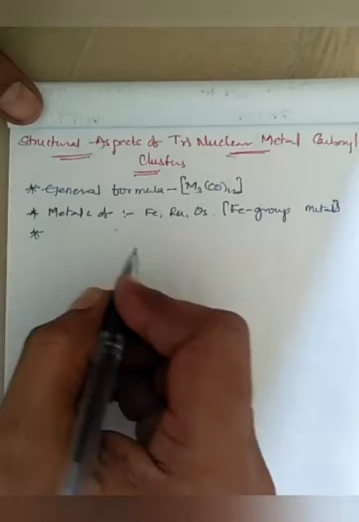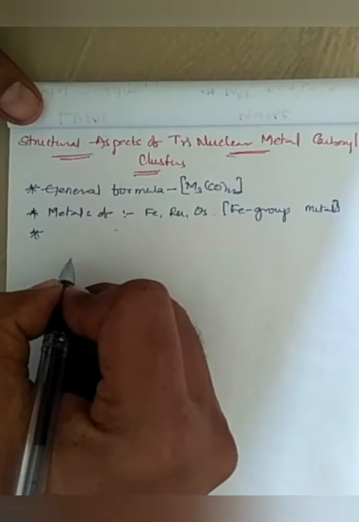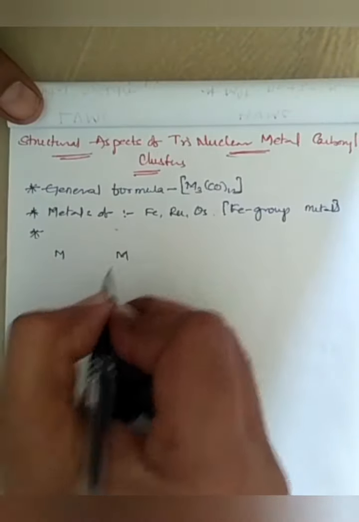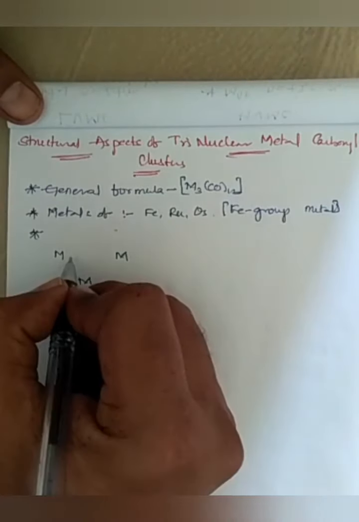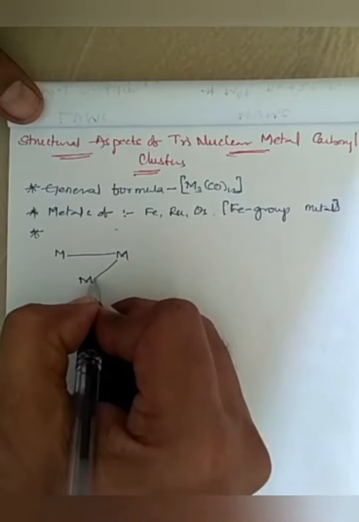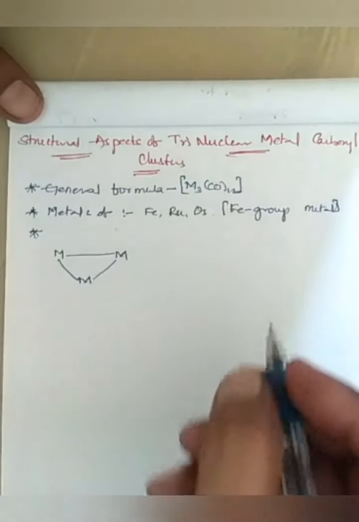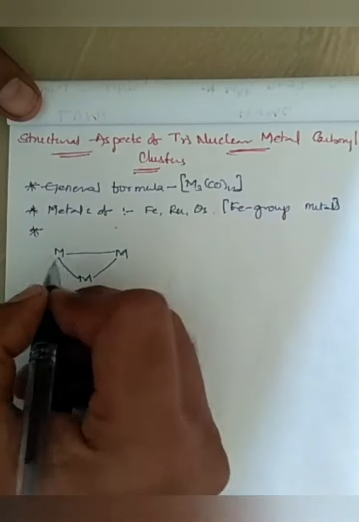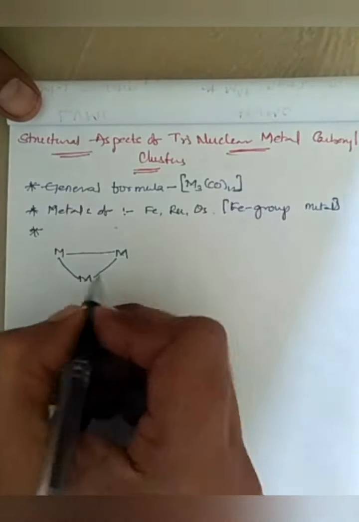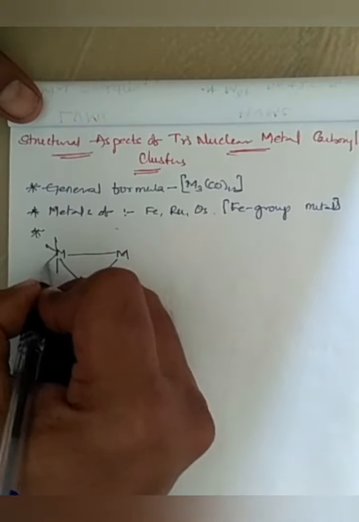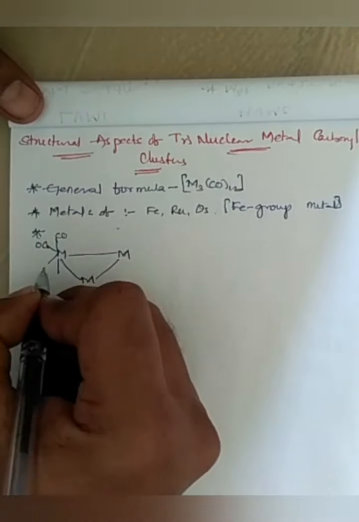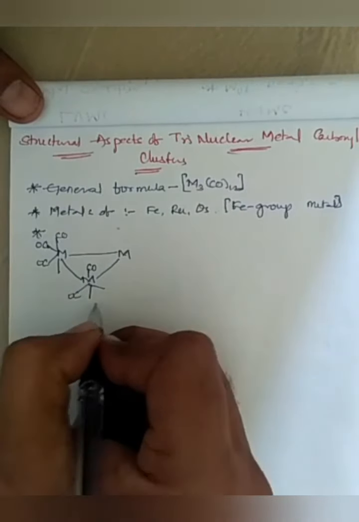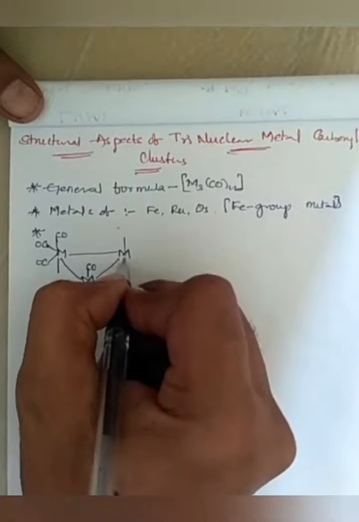Here see the structure. Generally it has this structure where the metal to metal bonds are 3. The structure will be trigonal, and each metal will carry 4 terminal carbonyl bonds.